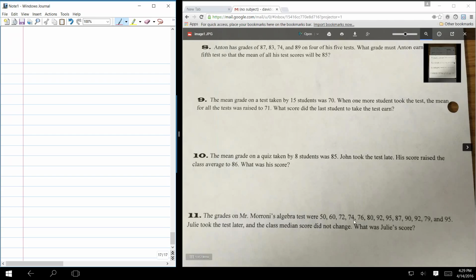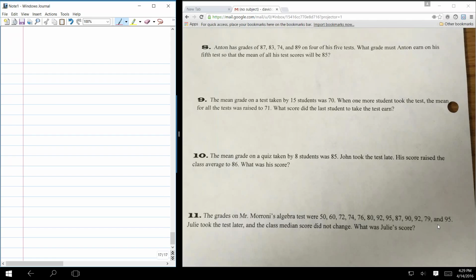One, 2, 3, 4, 5, 6, 7, 8, 9, 10, 11, 12, 13. So the median is going to be which? It's going to be the 6th, the 7th, the 8th, which one? The 13 divided by 2.